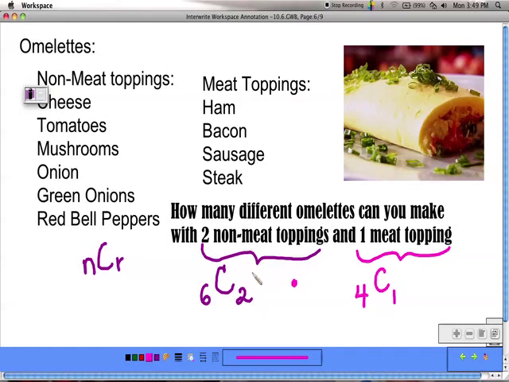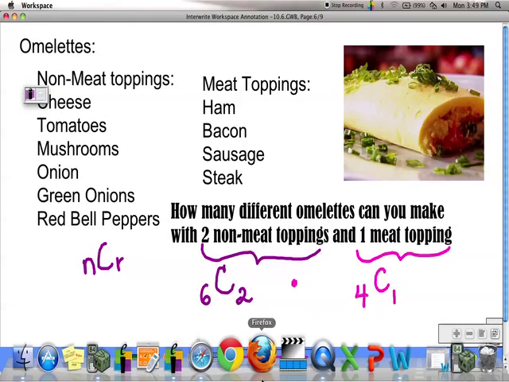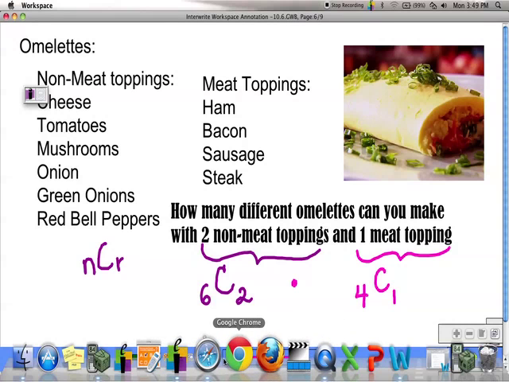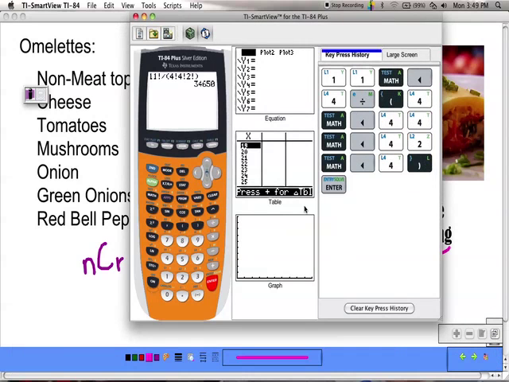Okay, so if we type this in our calculator, let's try this. Go to math, probability. You're looking at nCr, which is 3. So out of 6 you're choosing 2, times, out of our meat toppings, we have 4 meat toppings.